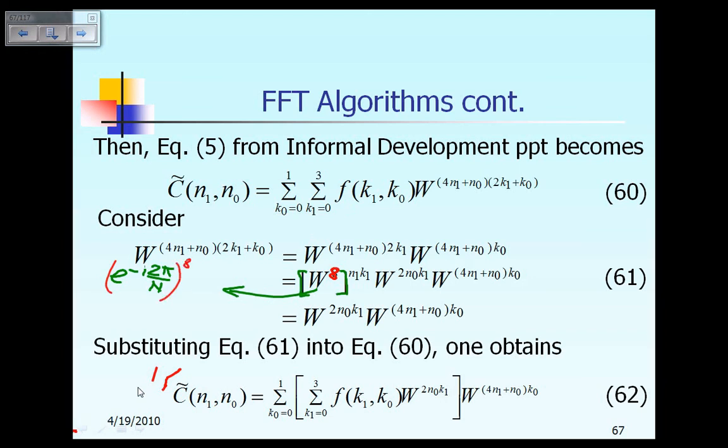In this particular case, the value of capital N is equal to R1 times R2, and R1 is equal to 4, R2 is equal to 2, so capital N is also equal to 8. So for that reason, e raised to the power minus i 2 pi over capital N, the whole thing raised to the power 8, is the same thing as e raised to the power minus i times 2 pi.